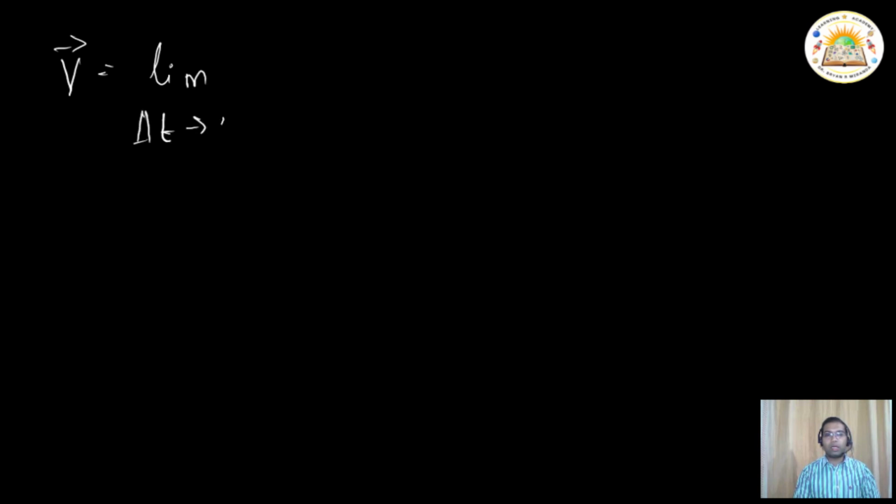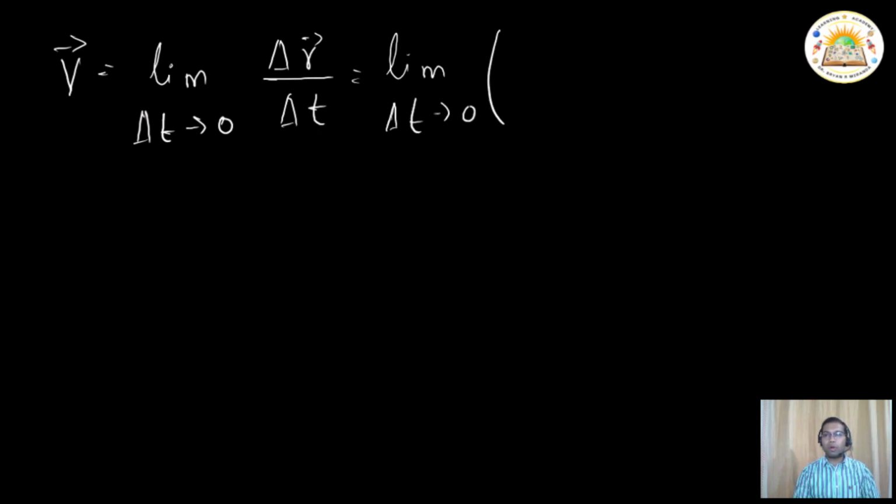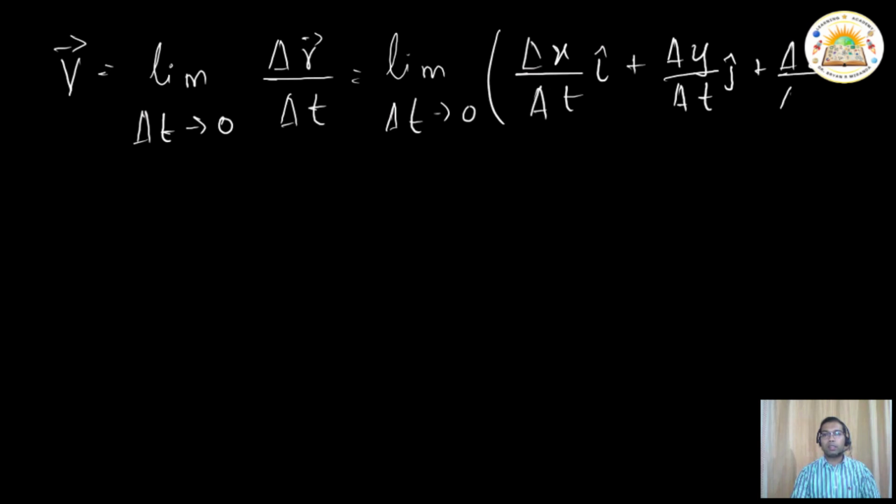Delta t tends to 0, delta r by delta t is equal to limit delta t tends to 0. Now since I'm applying limit for all the three, I will write it together. Delta x by delta t i cap plus delta y by delta t j cap plus delta z by delta t k cap.